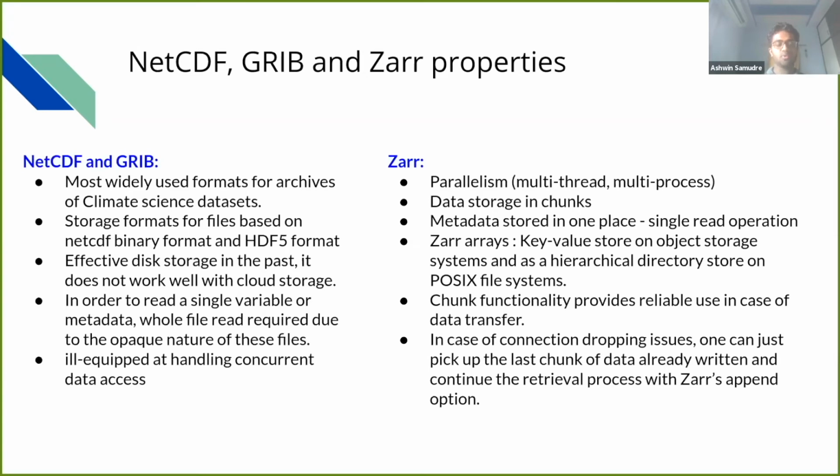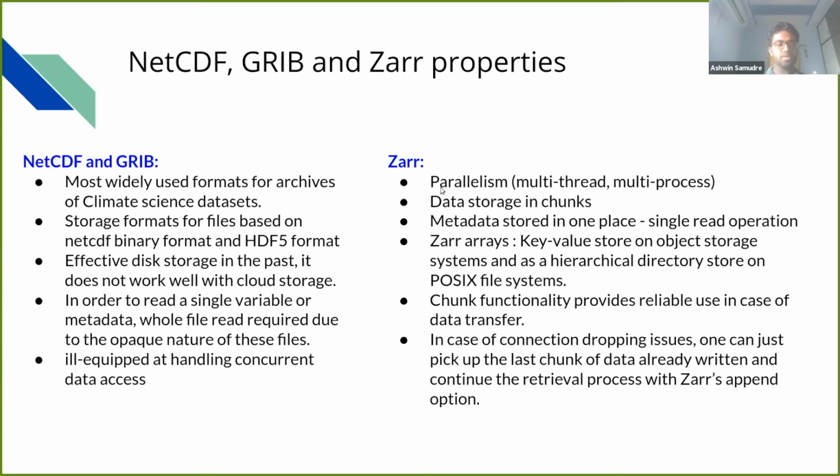This provided effective disk storage in the past, but it does not work really well with cloud storage. This claim is from recent work done by the Pangeo community. The Pangeo community handles this climate-related data and has its own framework for that. They performed this study on how we can move from NetCDF to Zarr, and they are also trying to make that move. So this is the claim from their study.